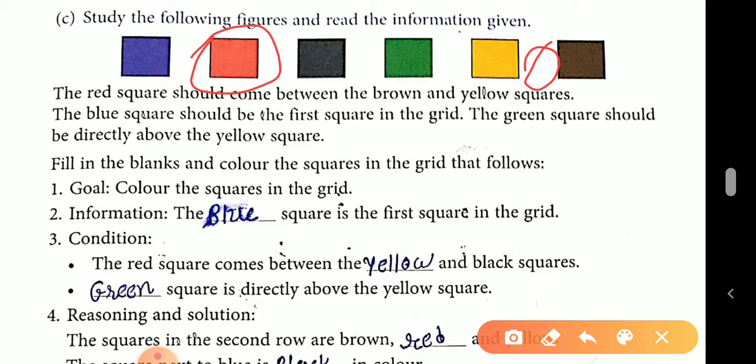And the blue square should be the first square in the grid. And the green square should be directly above the yellow square. So fill in the blanks and color the squares in the grid that follow.